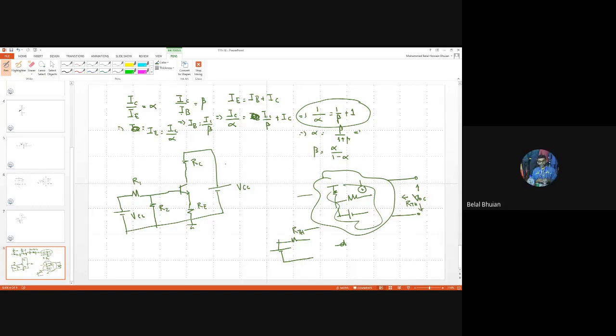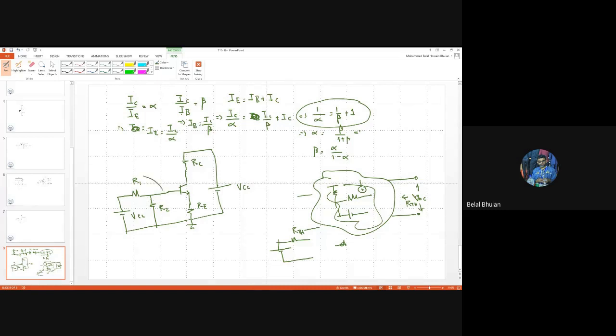Similarly, say there is a complicated thing that you cannot deal with on its own. You find it complicated, so you can say, I'm going to convert it to Thevenin's equivalent circuit.